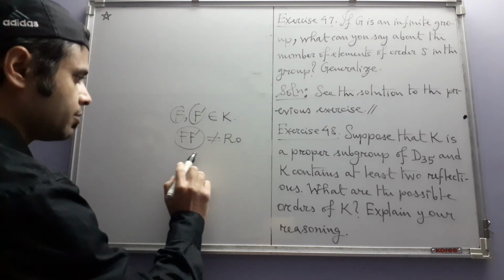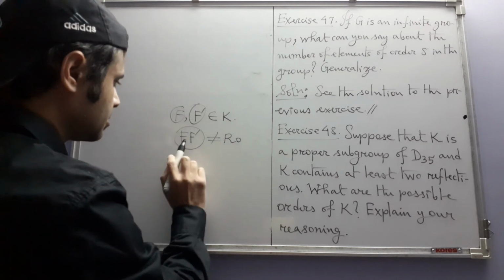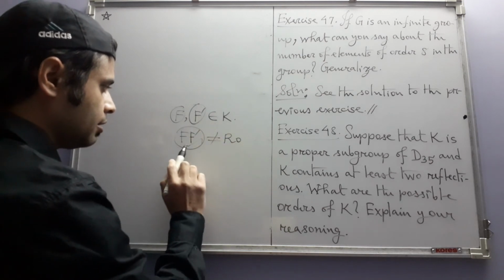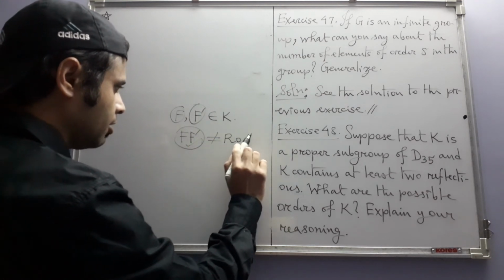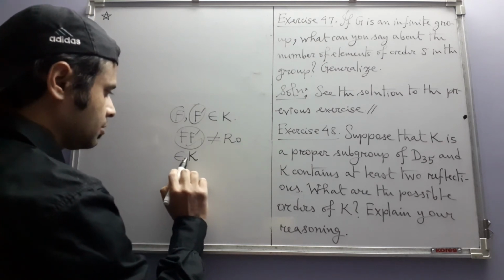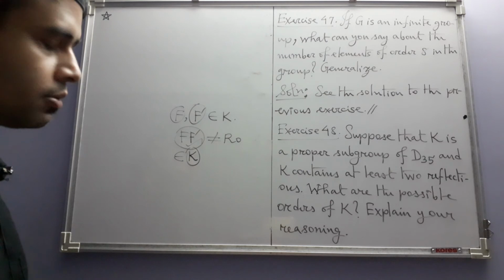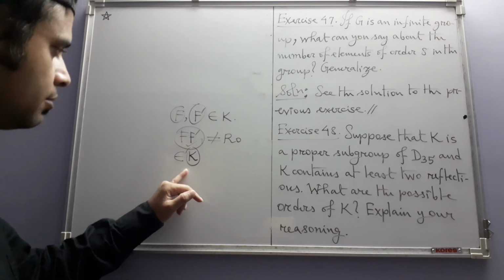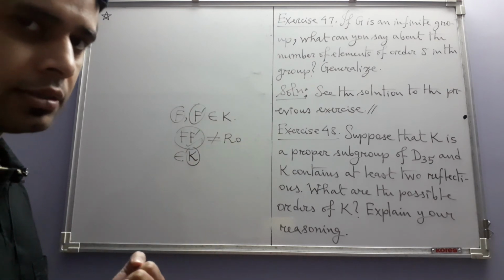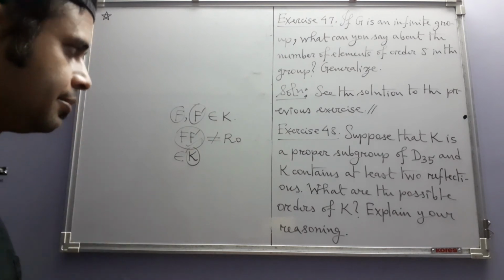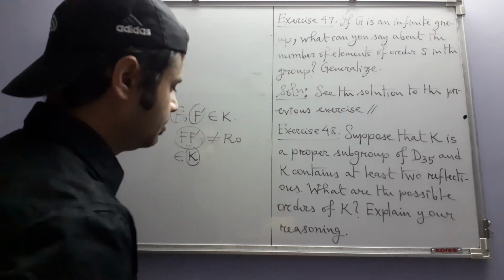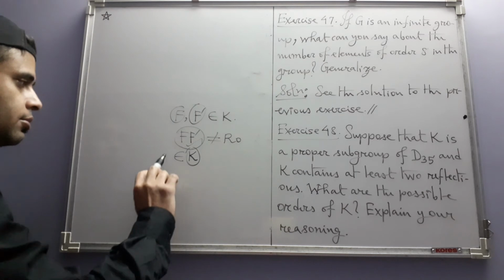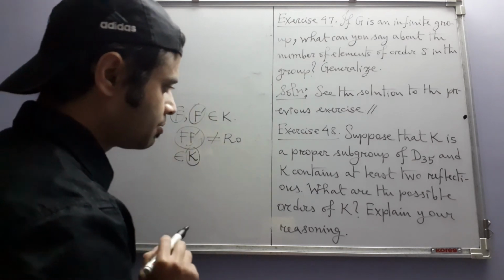That distinctness will allow us, by using that previous exercise, to have this non-trivial rotation, and because they are in K and K is a subgroup, this will belong to K. Now this non-trivial rotation will generate a cyclic subgroup inside K. So from that you can guess the order of K, and also it is said at least two reflections, so there may be more; this is the smallest possible.